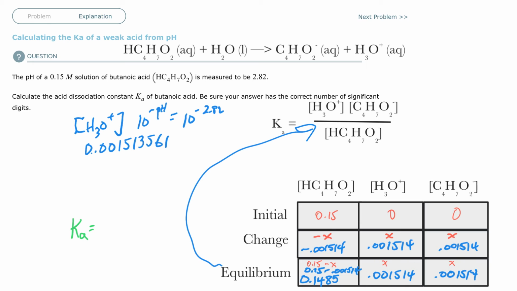So this is going to be 0.001514, times the concentration of the C4H7O2, that's here, it's the same number, 0.001514. And then I'm going to divide that by the equilibrium of the butanoic acid, the stuff that's on the bottom, HC4H7O2, which is going to be 0.1485.